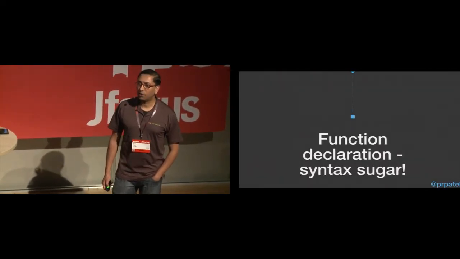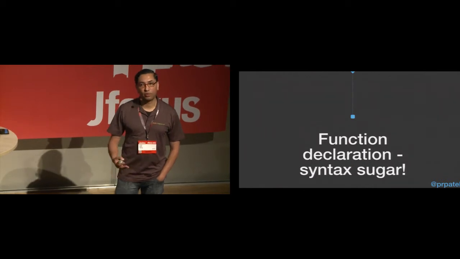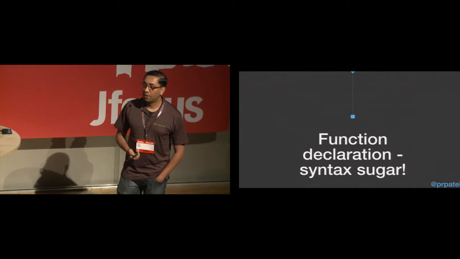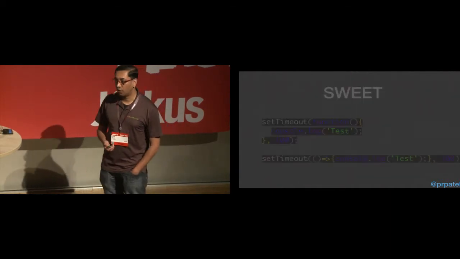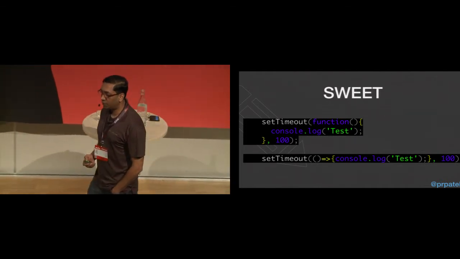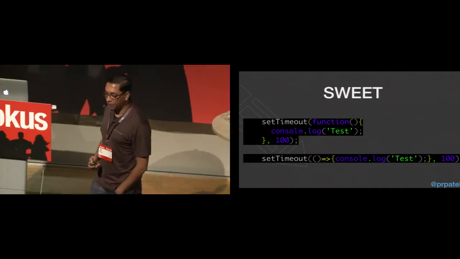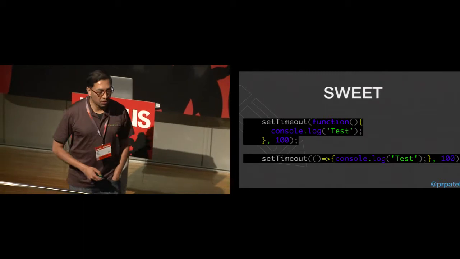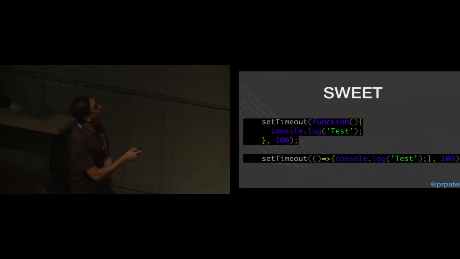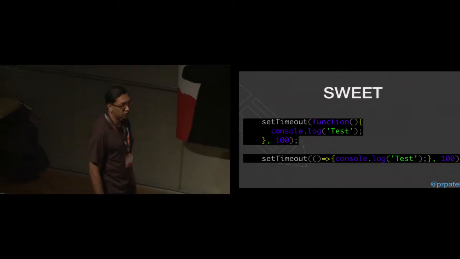Arrow functions are essentially syntactic sugar for declaring functions. It's terser syntax, but there's one key thing that we need to look out for. If we just look at a simple example of an arrow function, setTimeout is a standard browser function, which you're aware of. And how we would do this in ES5 is we would say function, console.log, and then you can see that we have an inline function inside of that function call, right?